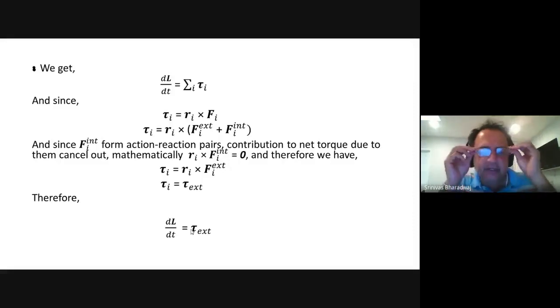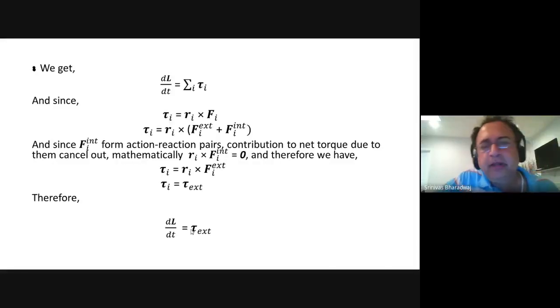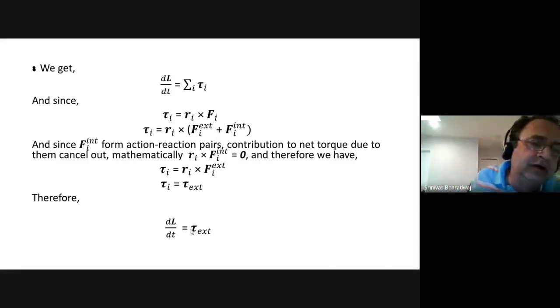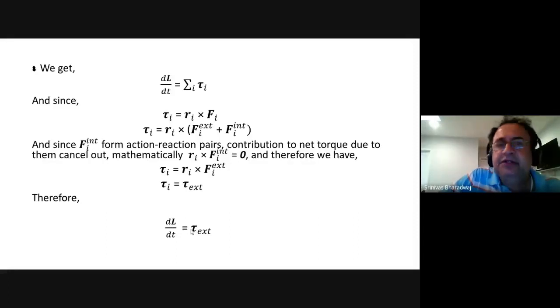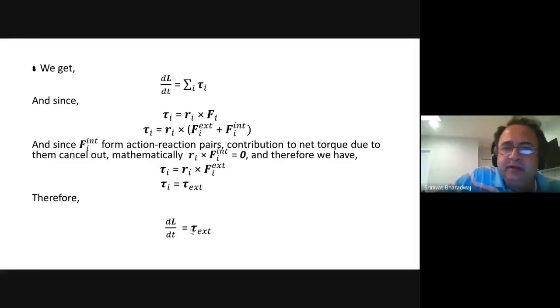Now we then discussed the concept of angular momentum from 2 points of view. One is as the moment of the linear momentum, r cross mv, right? The second definition for angular momentum was I times omega, which is a direct equivalent of m times v.